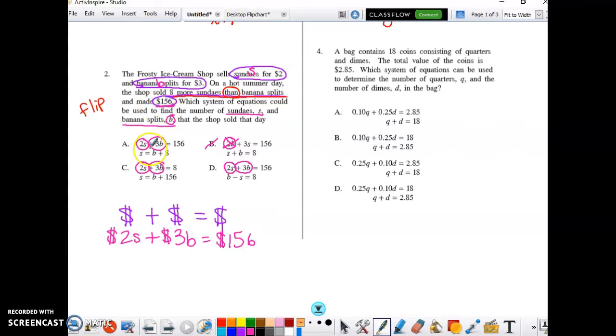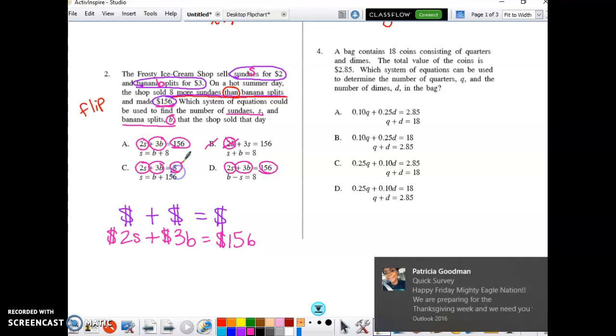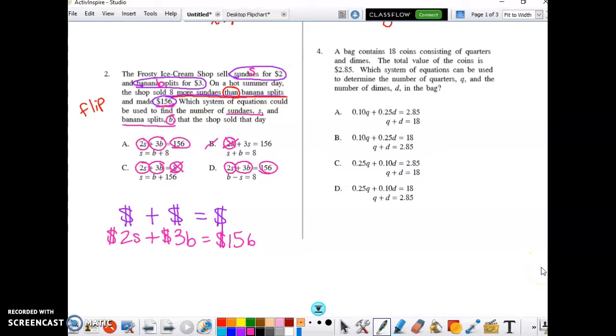So let's look. It has to equal 156, not 8. Okay? So that already eliminated 2 of my answers.